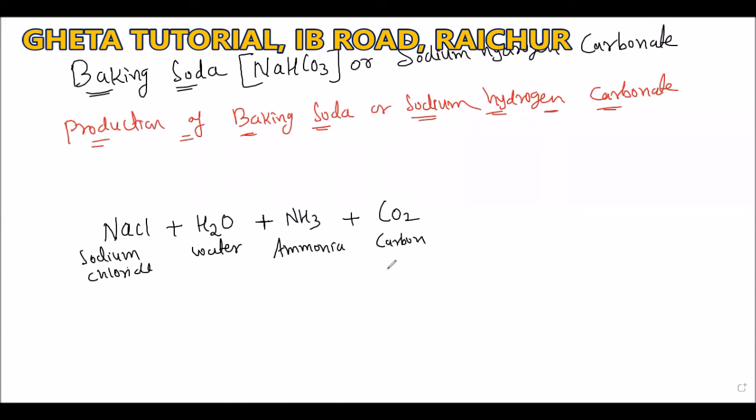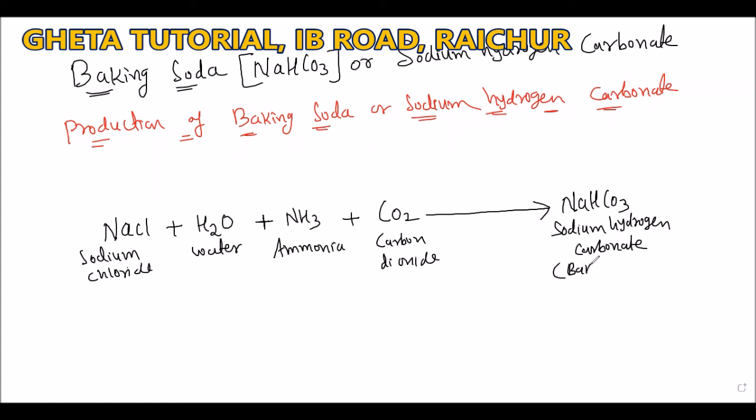After these four reactants, you will get sodium hydrogen carbonate, NaHCO3, which is also called baking soda. And one more product you will get here is NH4Cl, ammonium chloride.